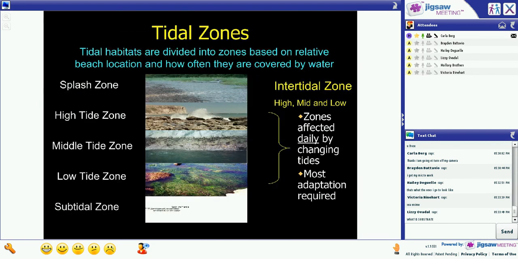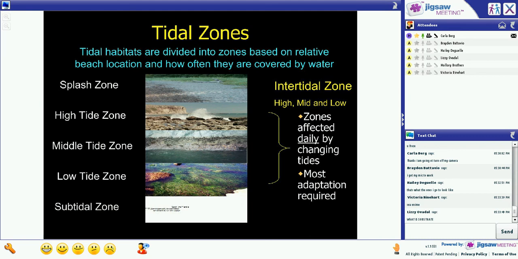All right, so let's go ahead and take a look at the different zones of the tidal area. Now, the tidal habitat is divided into zones based on where it is located on the beach and how often that area is covered by water.